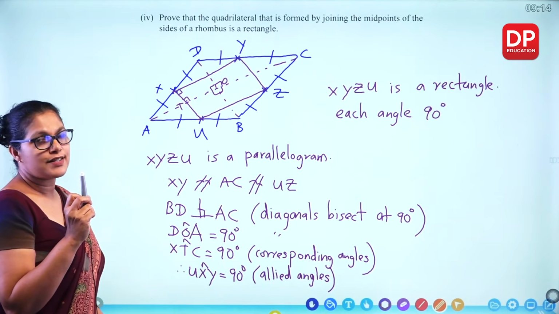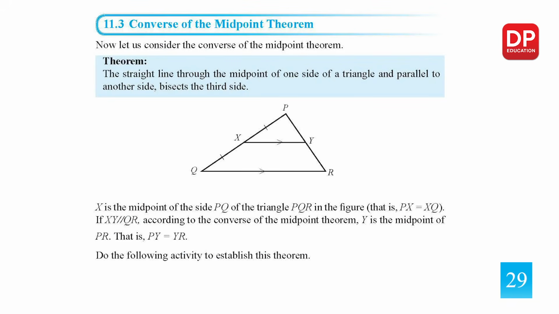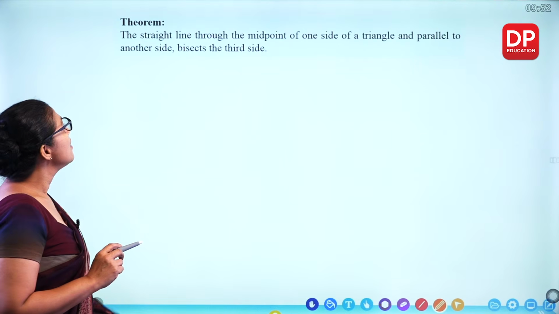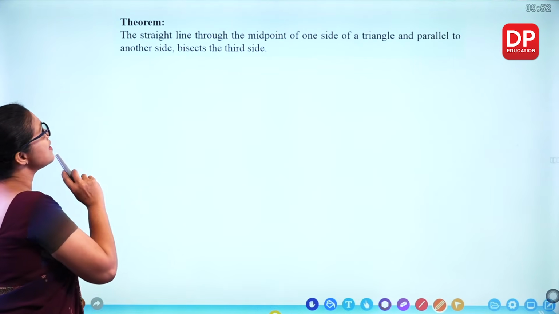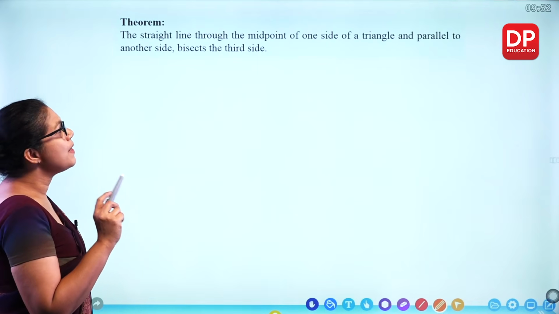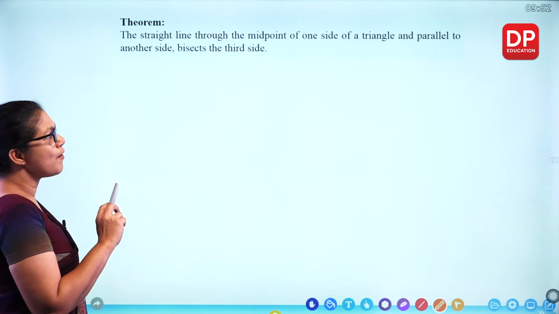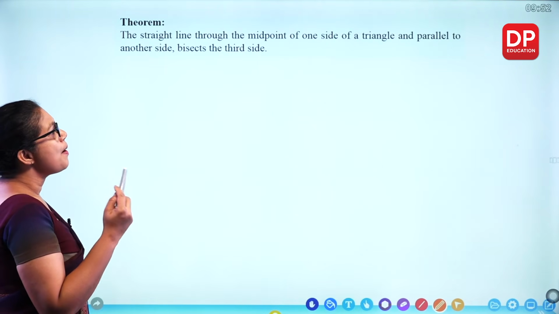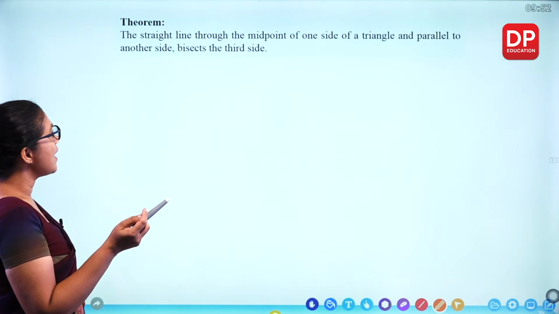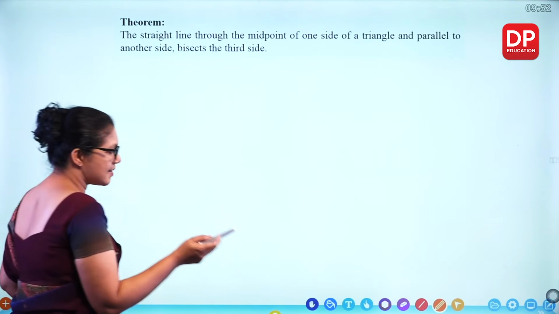Now we'll look at the converse theorem of the midpoint theorem. The converse theorem says the straight line through the midpoint of one side of a triangle and parallel to another side bisects the third side.